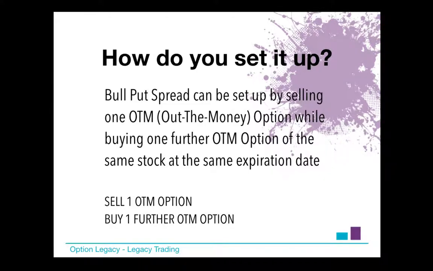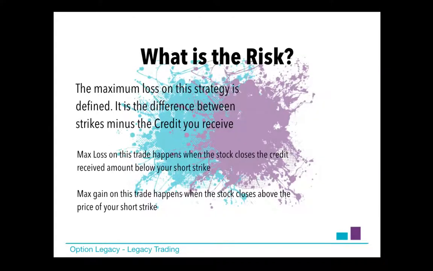The out-of-the-money option we sell needs to bring in greater value than the option that we're going to buy. And the further out-of-the-money option we buy should be of less value than the one that we sell. That creates the credit to our account.